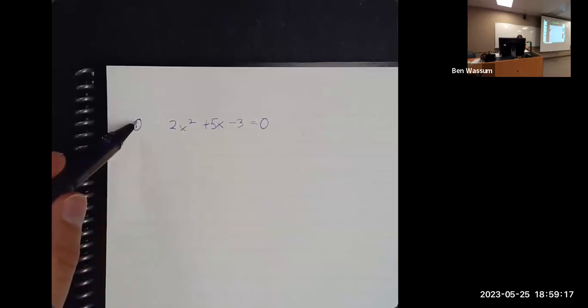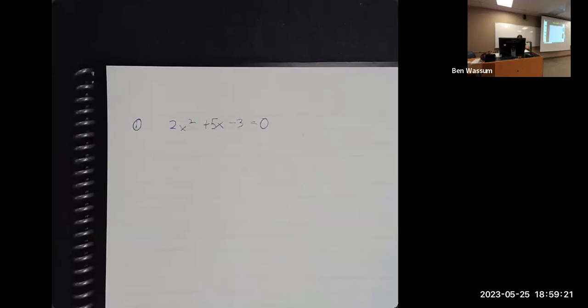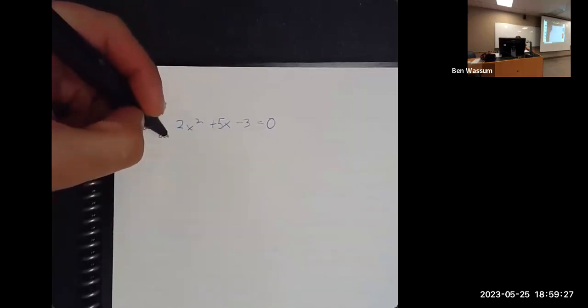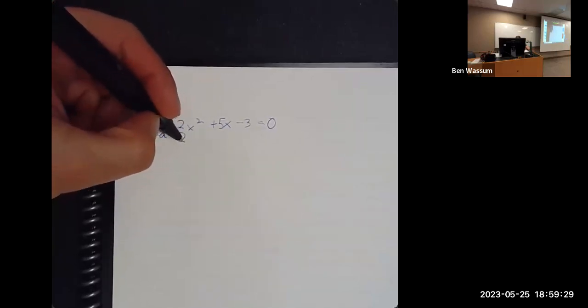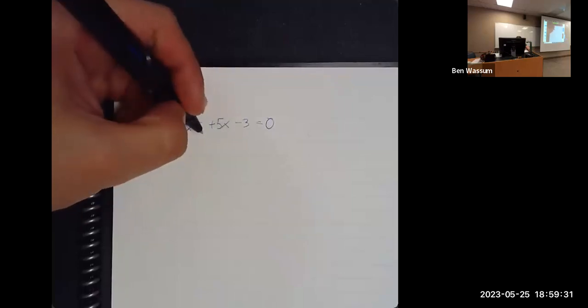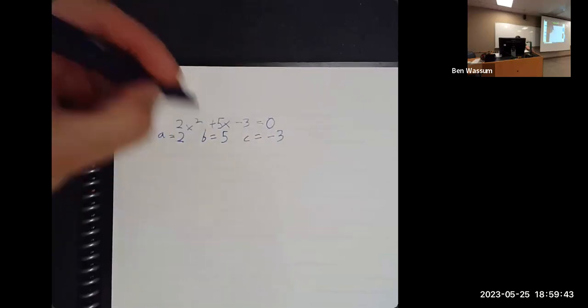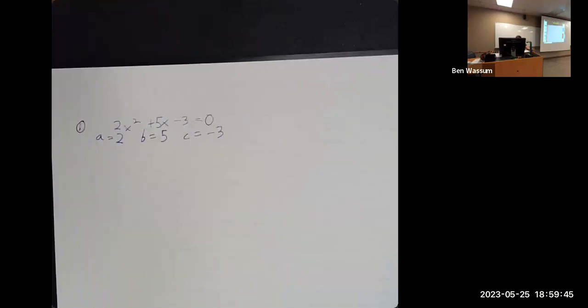So the first one, we have 2x squared plus 5x minus 3. And remember, we're going to need to know all of our coefficients, at least till you understand what's happening. I recommend just writing out a equals whatever's on the x squared, b equals whatever's on the x, and c is equal to whatever the constant term here is. Now we need our formula.